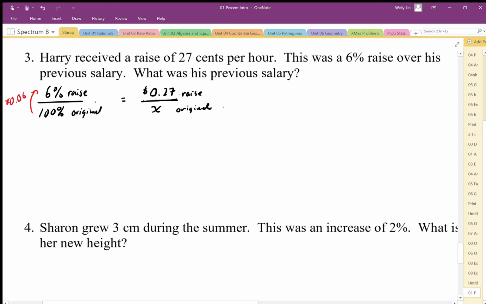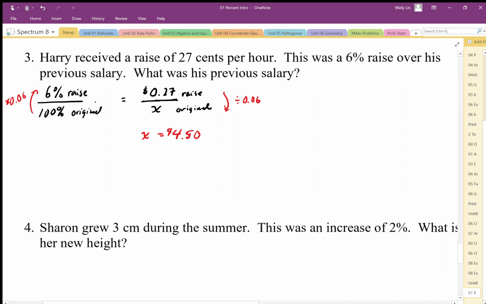I want to go in the opposite direction, so I'm going to divide by that 0.06, and I'm going to get x is equal to, I kind of need a calculator for this one, but 0.27 divided by 0.06 gives me $4.50. So 100% is $4.50.